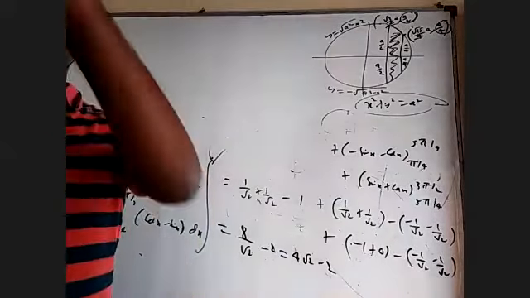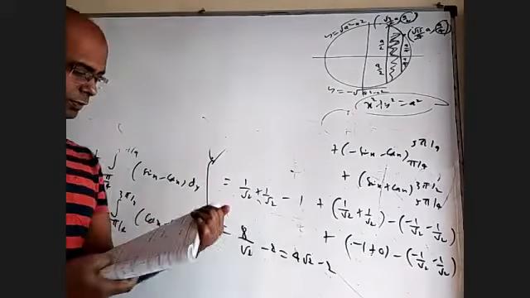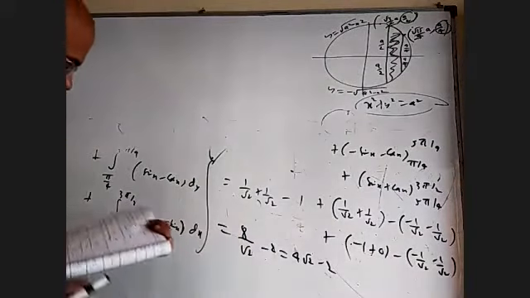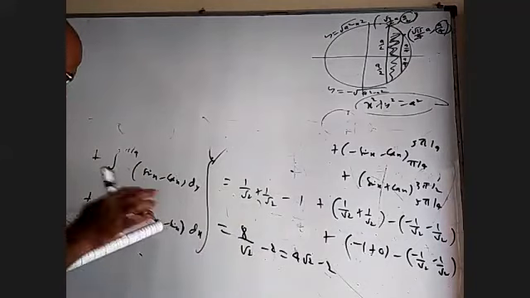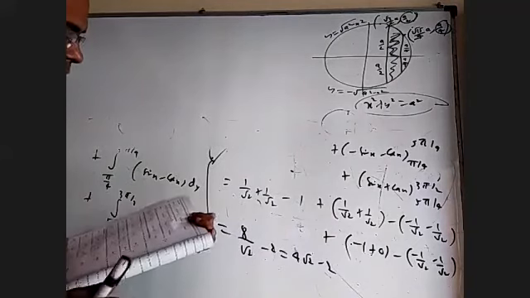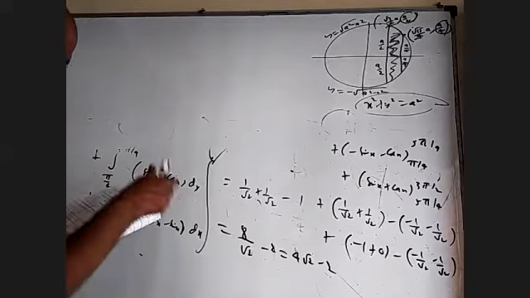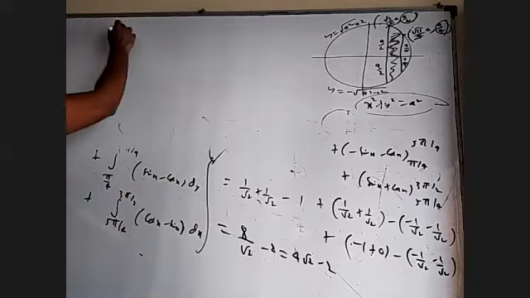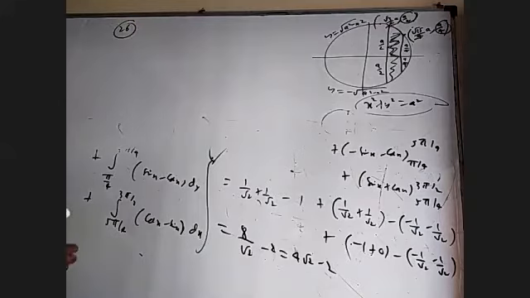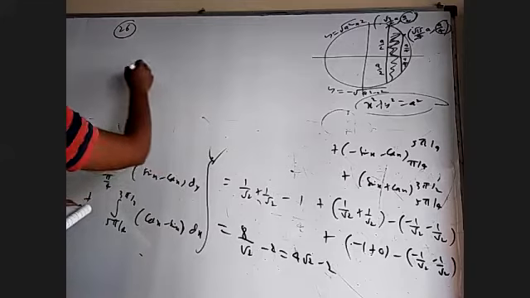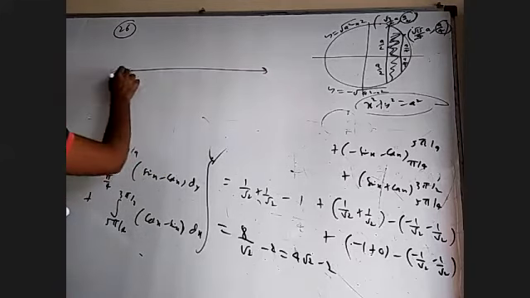Okay, 26. Let us first of all understand which region they want. You have to draw x-axis and tan x only between minus pi by 3 to pi by 3, and cot x only between pi by 6 and 3 pi by 2. So this is x-axis.